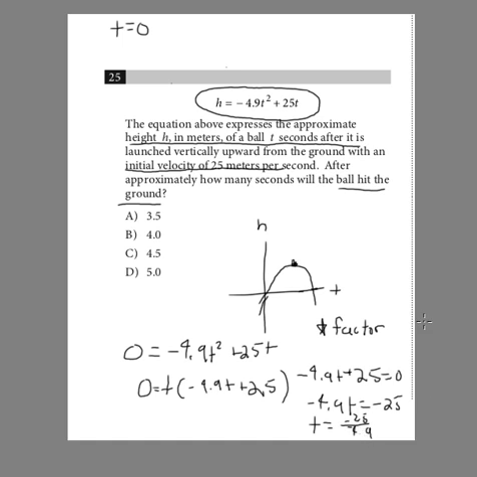In this section of the test, you'll have the luxury of a calculator, so you can put negative 25 divided by negative 4.9 into your calculator and you'll get some value like 5.102, and so on. It says approximately how many seconds, it's not asking for exactly. So the closest one to 5.102 is our answer D right here.